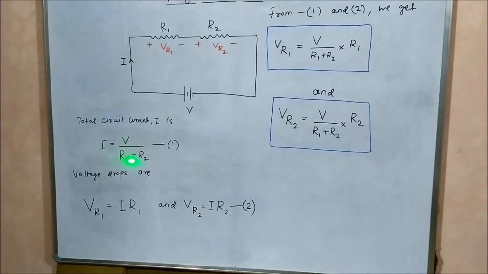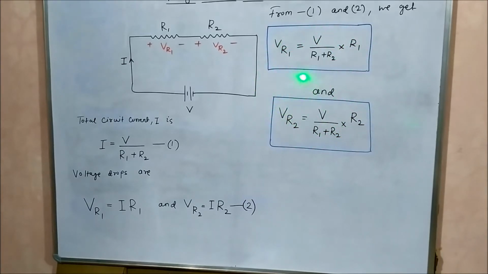We have just substituted V by R1 plus R2 in place of I, and we got the expressions of the voltage division rule. VR1 is equal to V into R1 by R1 plus R2, and VR2 is equal to V into R2 by R1 plus R2. So we mathematically derived the expressions of the voltage division rule.